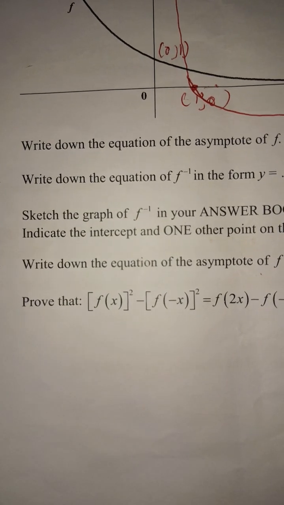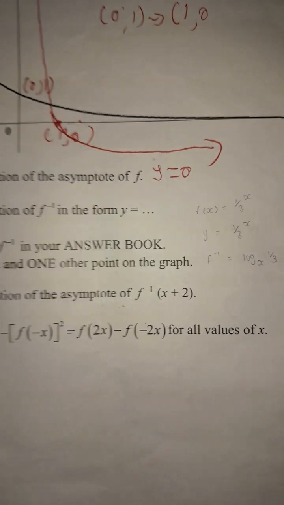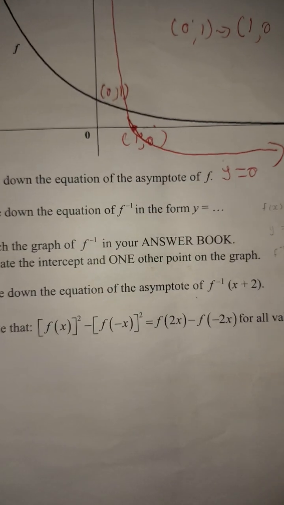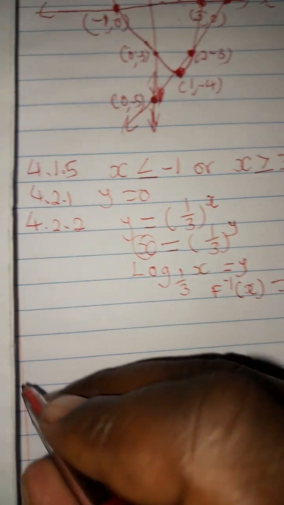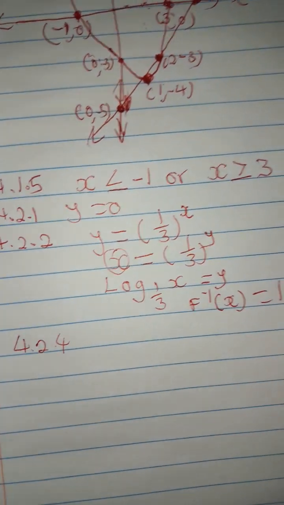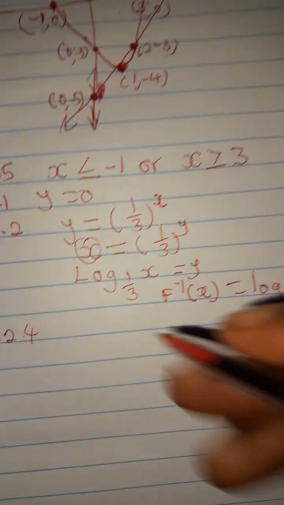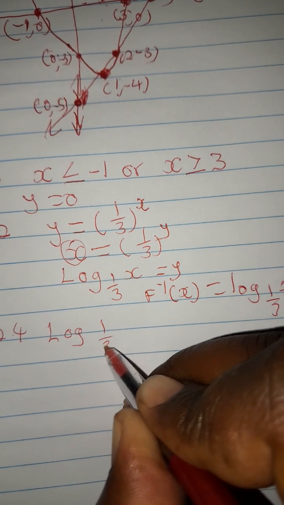Then let's go to 4.2.4. Write down the equation of the asymptote of the inverse. So here, at 4.2.4, we are supposed to write the equation of the inverse. So remember that what we got from here, we got log 1 over 3.